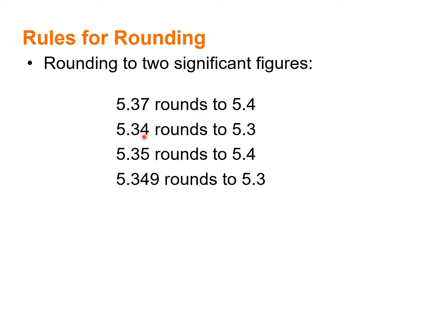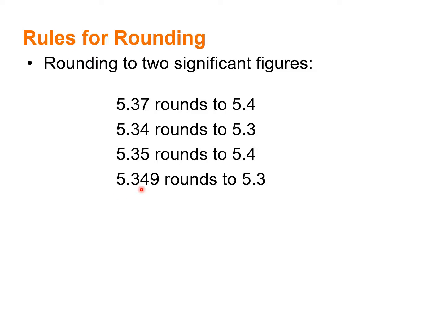Then you got 5.34. That last number is 4, which is less than 5, so you round it down to 5.3. Now we got 5.35. That last number is actually a 5, so it's 5 or greater, so we're going to round up to 5.4.